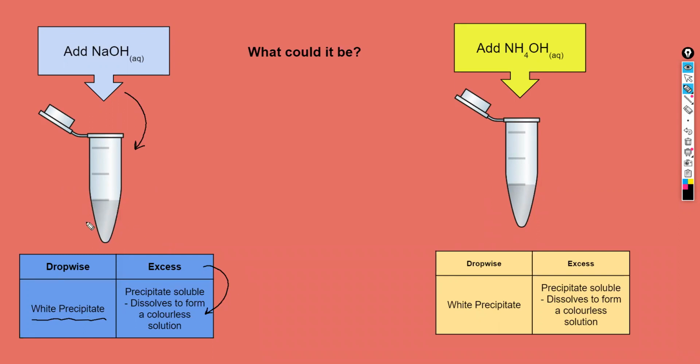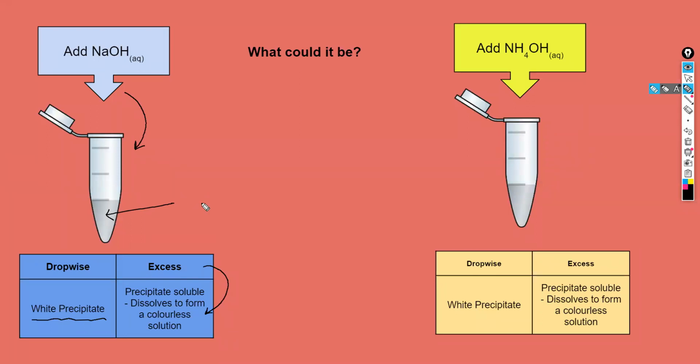What could possibly be in that test tube? Go back in the notes and try to guess what could be inside that test tube. The answer to this question, it could be any one of these three things.